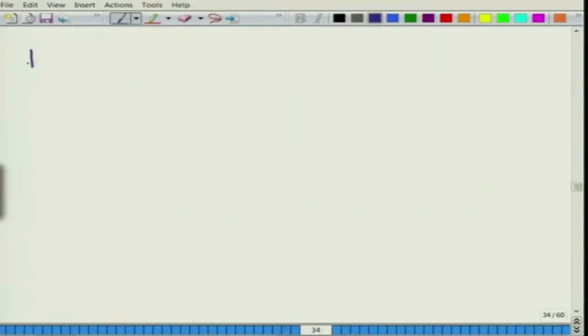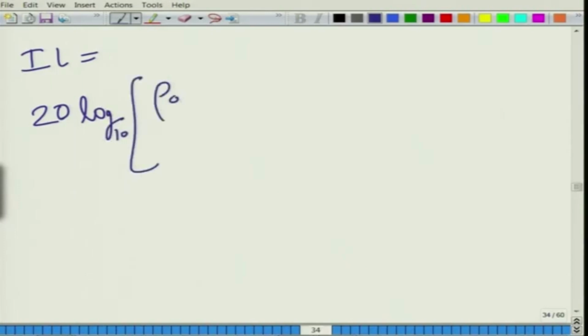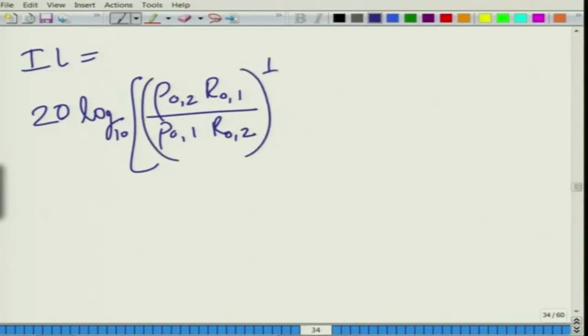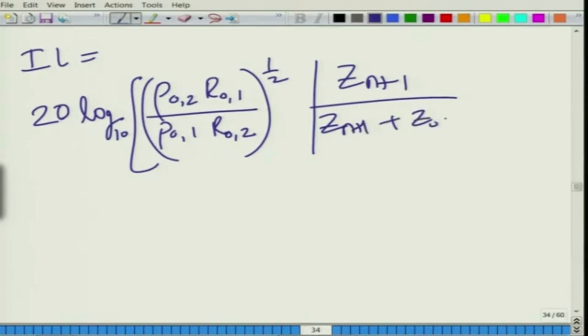Once we simplify this expression, what we are going to get is IL is nothing but 20 times log to the base 10 of rho naught 2 R naught 1 by rho naught 1 R naught 2, this entire thing to the power half, that is square root of this, and now this is an interesting expression: Z n plus 1 divided by Z n plus 1 plus Z naught comma 1, and V n plus 1 by V naught.